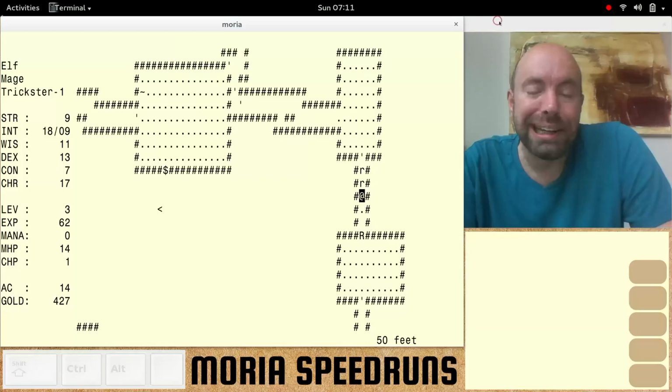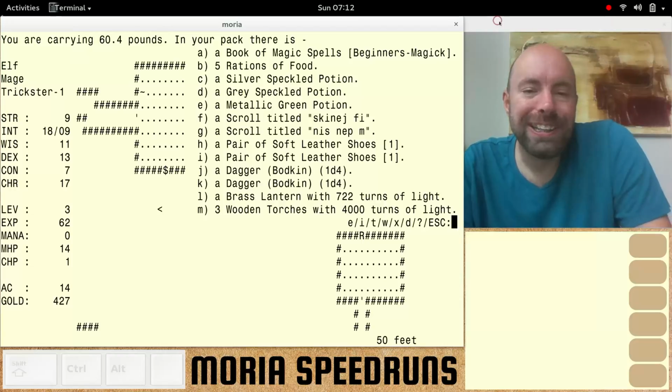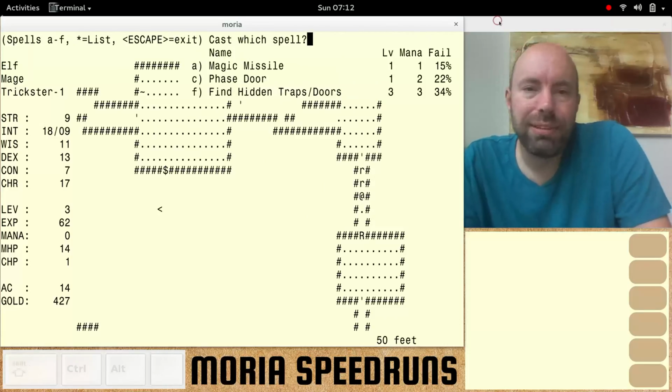And yeah, I do have these potions. One of them is blindness, and one of them is slow. The spell I need is probably Phase Door. And I can cast it. Look at that. Phase Door, 22% fail.